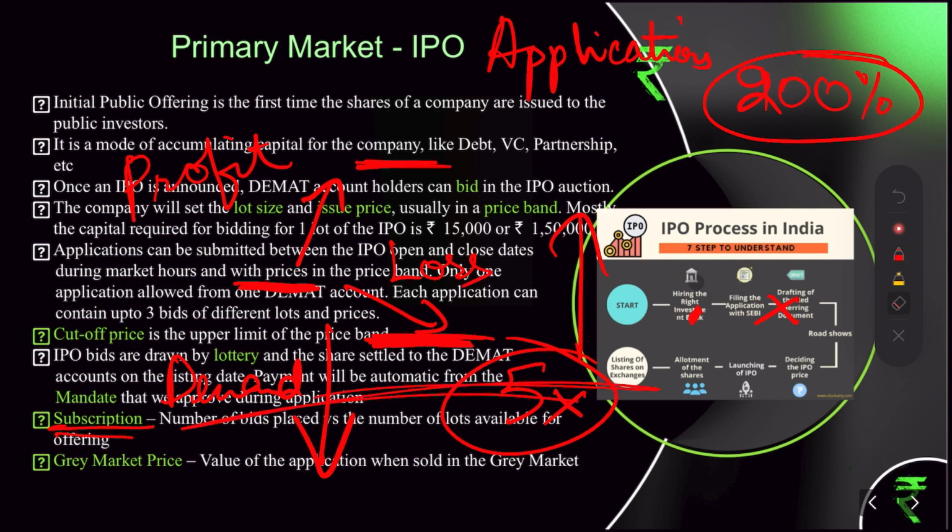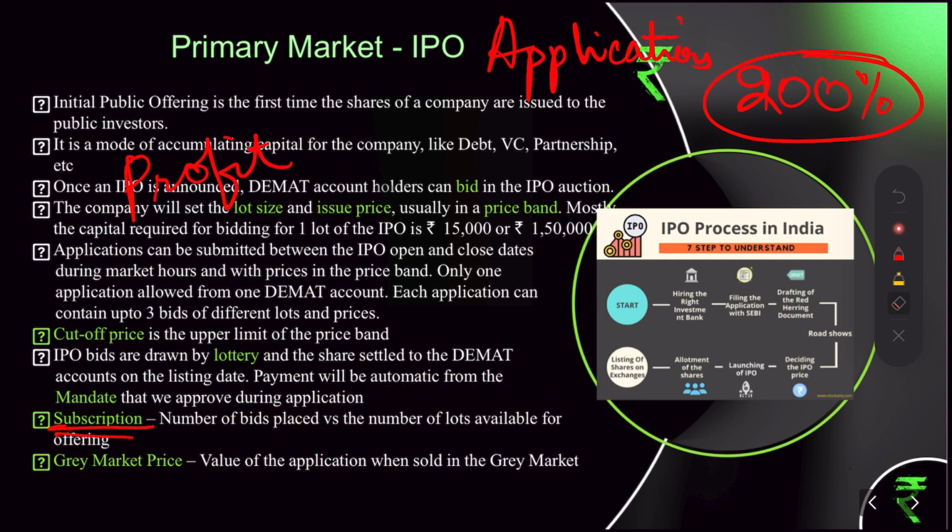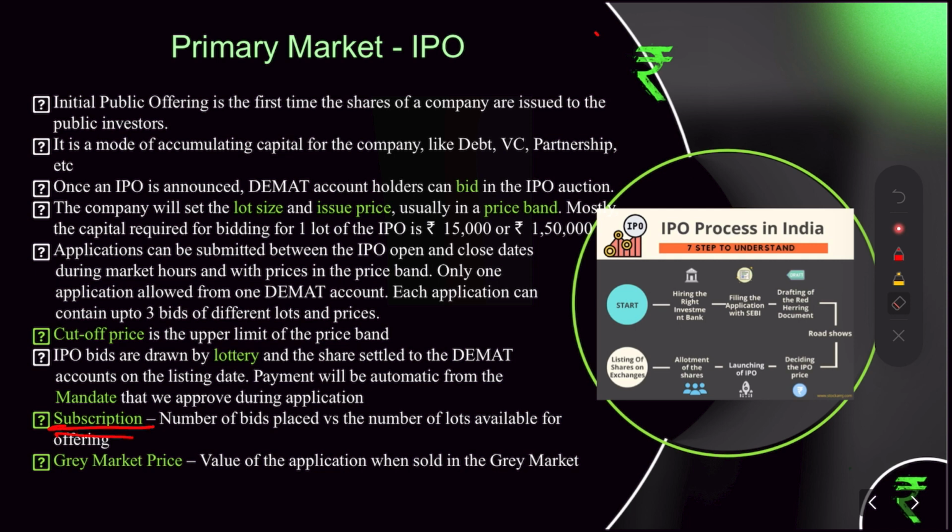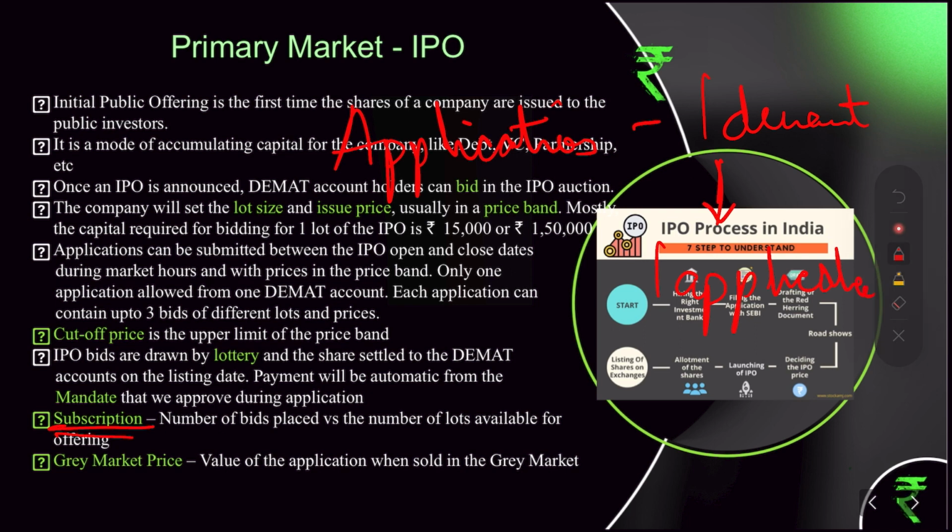The other way to assess an IPO is by its gray market price. So gray market is a market where IPO applications can be sold. So these applications have a limit. One Demat account can submit only one application and maximum 3 bids can be made via one application.